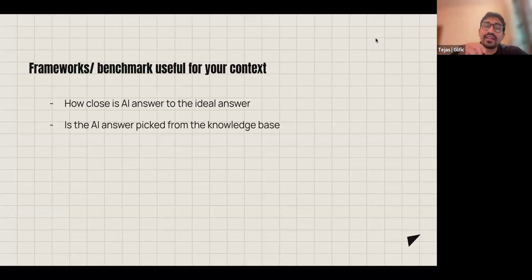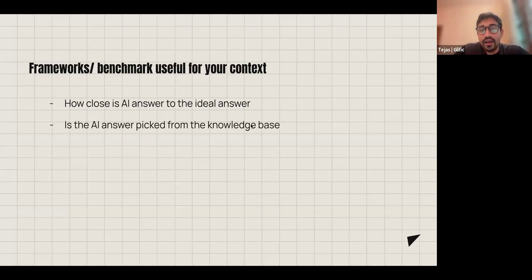And second, is the AI answer picked from the knowledge base that you have shared, which is to say it's not cooked up on its own? Whatever the AI is answering has references back to paragraphs or information picked from the knowledge base that you have provided. So the first one helps you figure out how close it is to the actual answer you might give.